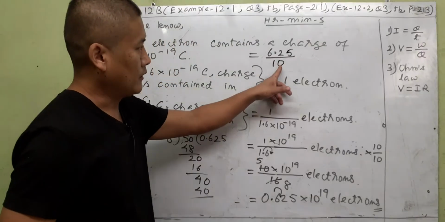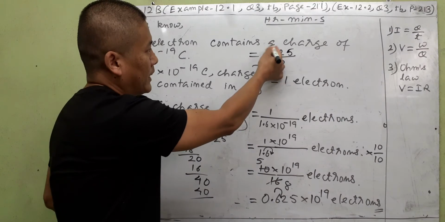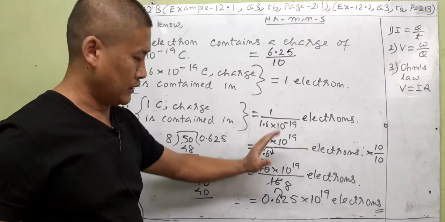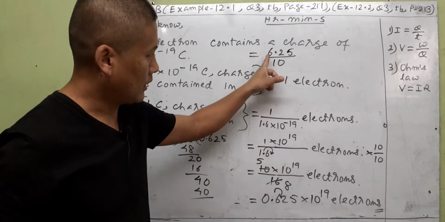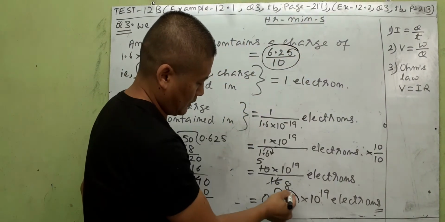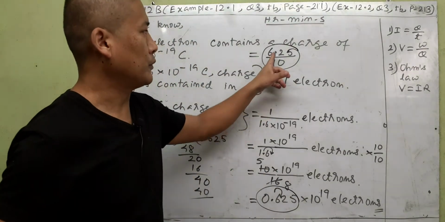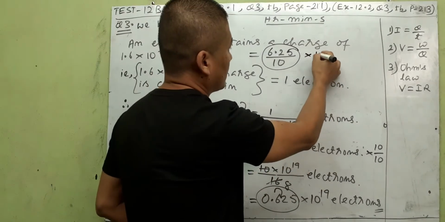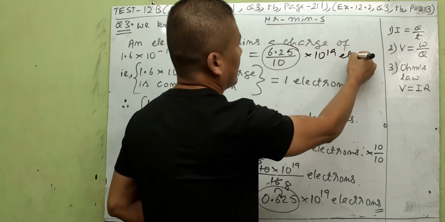Divide by 10 means the decimal will move back. So you can do this only when you put a 10 in the denominator, and this portion is changed to this. This is the same as this, because we want to change to standard form. Multiplied to this has not been touched, so 10 to the power 19 electrons.